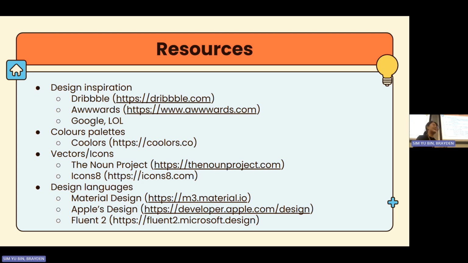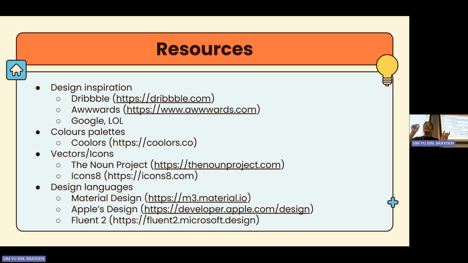There are also design languages. For example, with Apple's design, all of its default apps, like your photos library and contacts, have a specific design language built in. The advantage of complying with such a design language is that your users already know what each icon means.